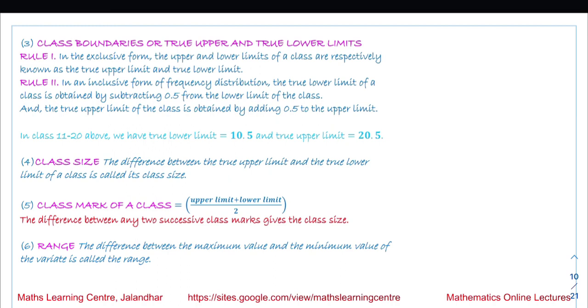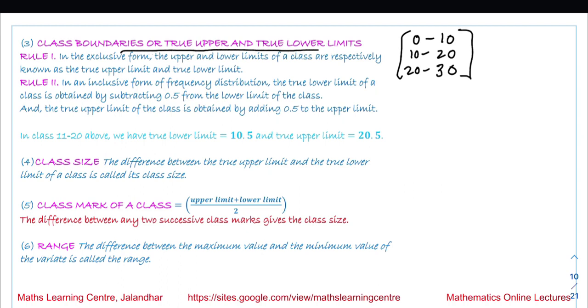If we look at the same examples, 0 to 10, 10 to 20, 20 to 30, what form is this? This is the exclusive form. Exclusive form means that the endpoints are not included. So in this case these are the true upper and lower limits: 0 is the true lower limit, then true upper limit, true lower limit, true upper limit.